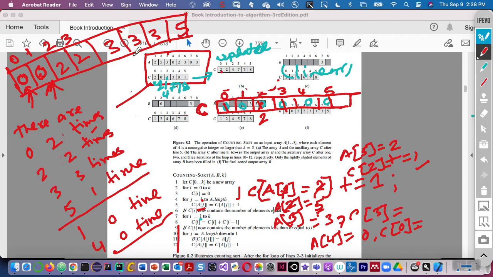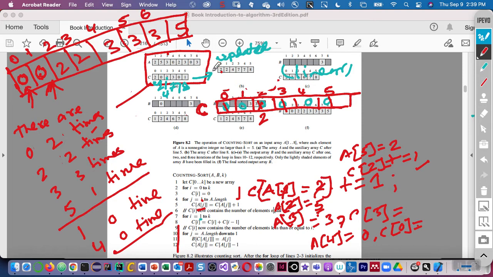Don't be misled over here. We need to subtract 1 to get the index. If there exists 3, the last 3 will be the 7th element. The 7th element has position 6, right? 3, 4, 5 and 6.